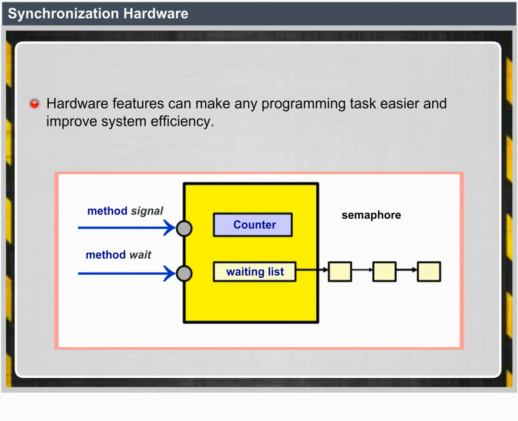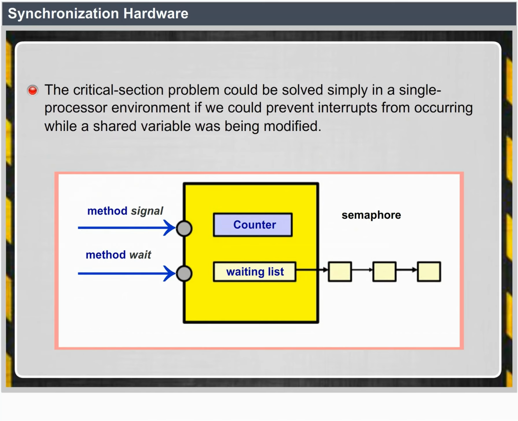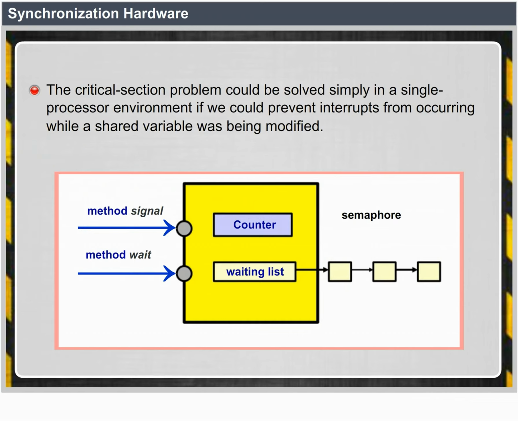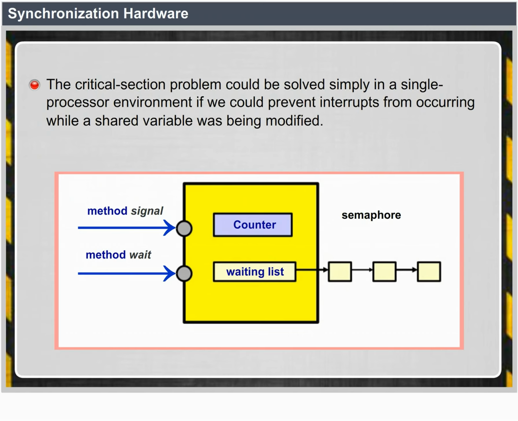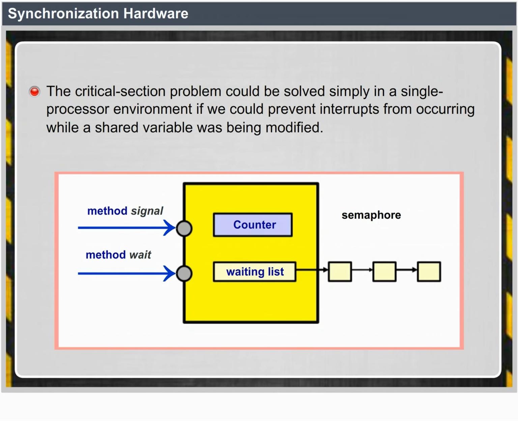The critical section problem could be solved simply in a single processor environment if we could prevent interrupts from occurring while a shared variable was being modified. In this way, we could be sure that the current sequence of instructions would be allowed to execute in order without preemption. No other instructions would be run, so no unexpected modifications could be made to the shared variable. This is often the approach taken by non-preemptive kernels.